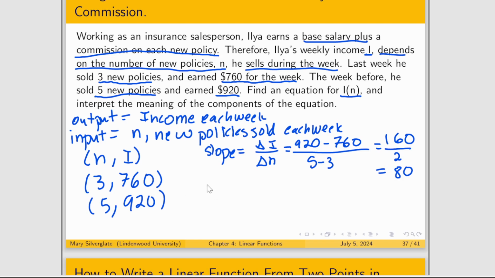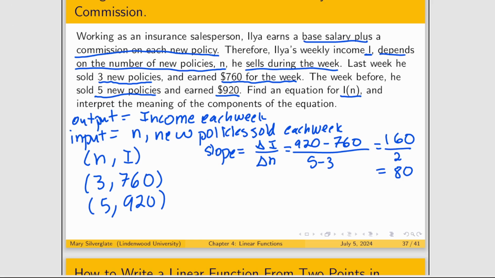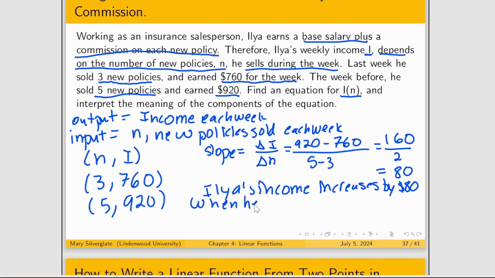So Ilya's income increases by $80 when he sells a new policy. That's really what I just figured out by doing this, because I did the change in income divided by the change in policies. I got an average change of 80. So that means that he gets 80 more bucks every time he sells a new policy.